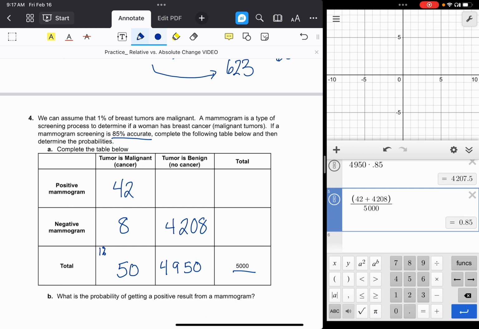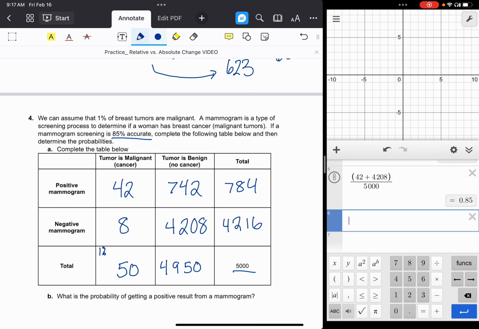And if 4,208 came back with negative mammograms here, then 742 got positive ones. And then we total each of our rows, 784, 4,216.